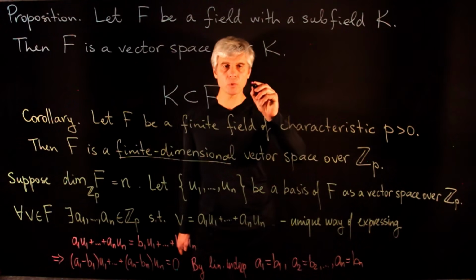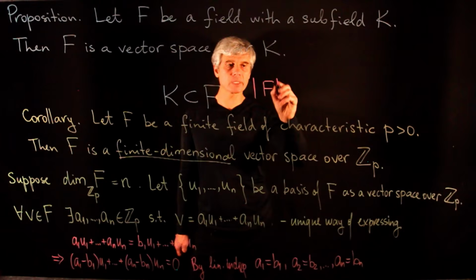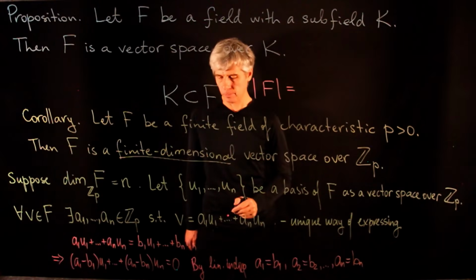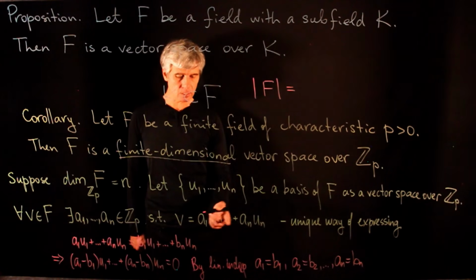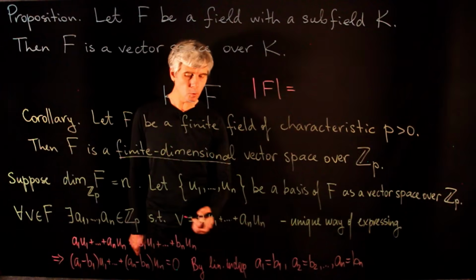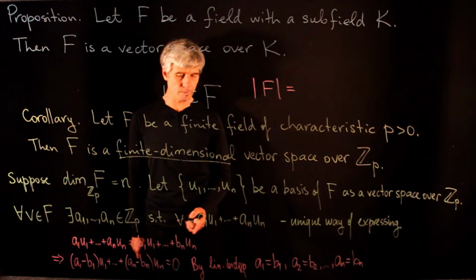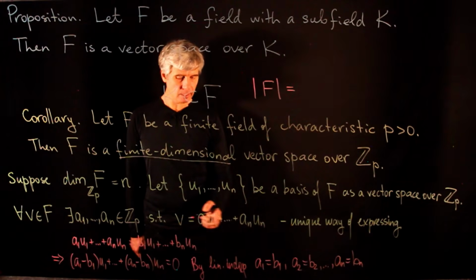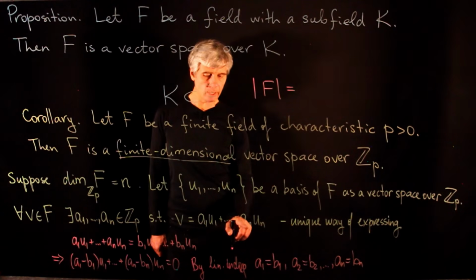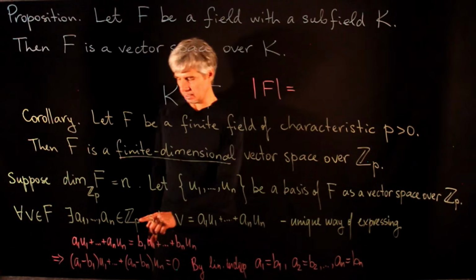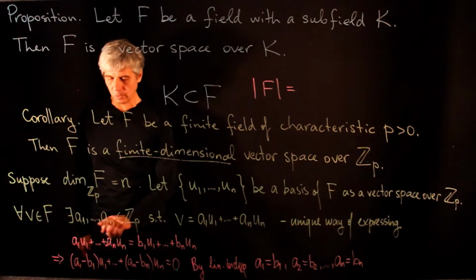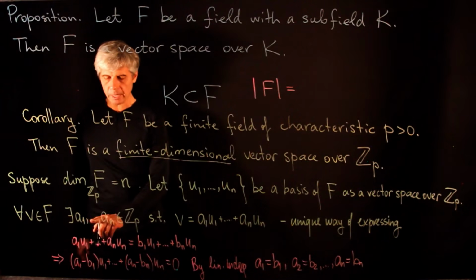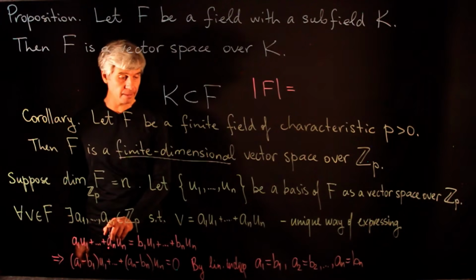This allows us to count how many elements in F we have. The number of elements in F is equal to the number of all possible linear combinations of this form, with a fixed basis. These linear combinations are determined by our coefficients a1, a2, ..., an. Each of these comes from Zp. So we have p possible values for a1, p possible values for a2, and p possible values for an.